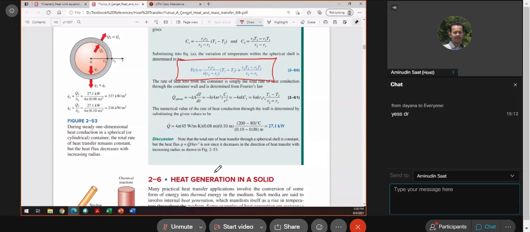Next, I will give you some assignment related to this topic, on how to use the general heat conduction equation and apply the boundary condition in order to solve the problem of finding the temperature and the heat transfer.